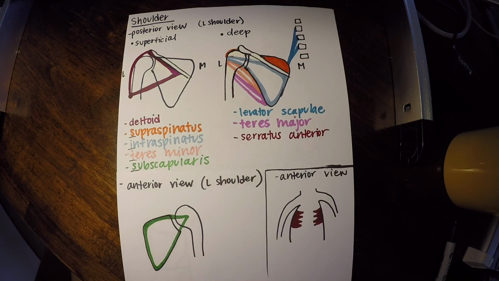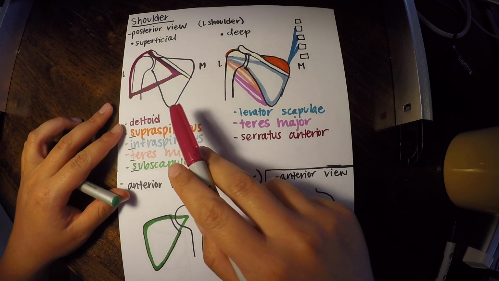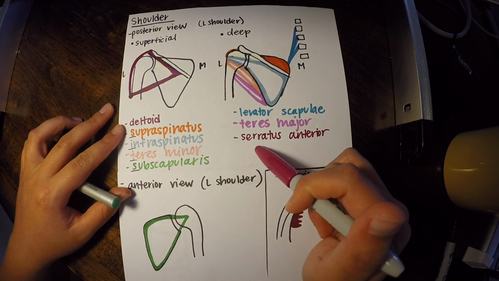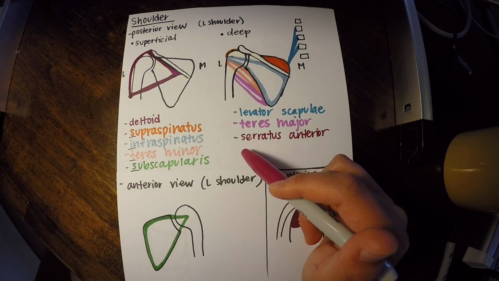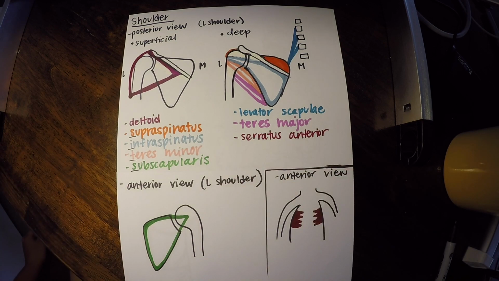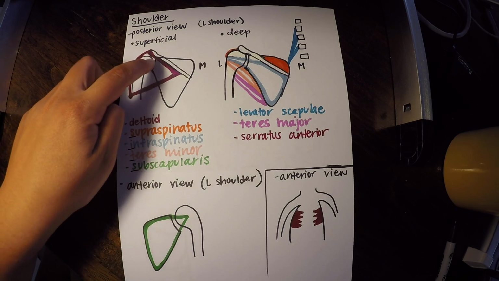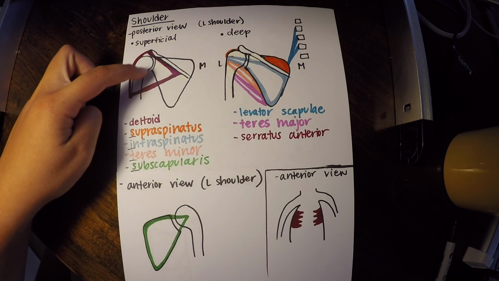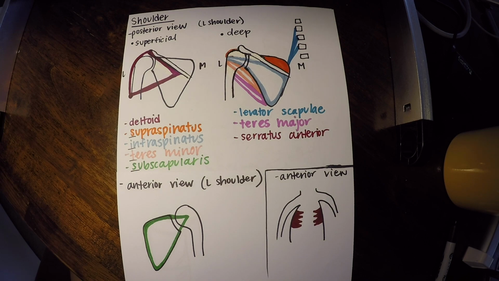So for all of these shoulder muscles, some of these muscles are pretty small. Other than the deltoid up here, all of these muscles are very small in relation to the size of a person's body. However, they can be really valuable for stabilization. So how we learn about the glenohumeral joint, this joint right here between the glenoid fossa and the humerus, is that it's kind of as stable as a golf ball sitting on a tee.